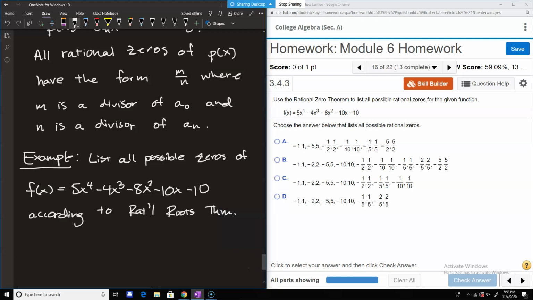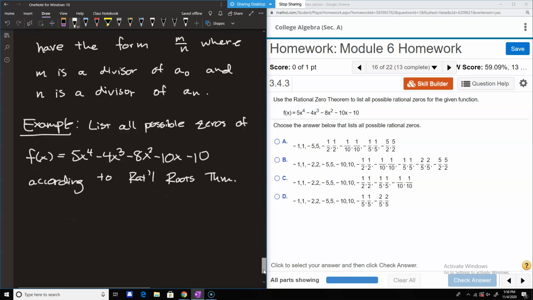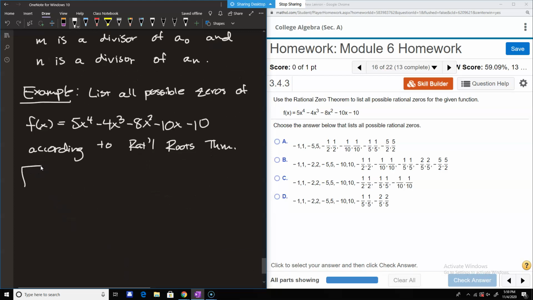So how does this go? Well, my possible numerators are what? Are they the divisors of minus 10 at the end or the divisors of 5 in front? Well, the possible numerators are the divisors of the constant term.